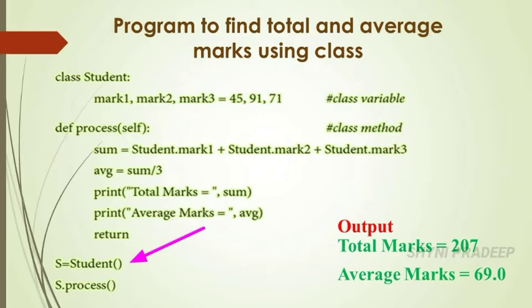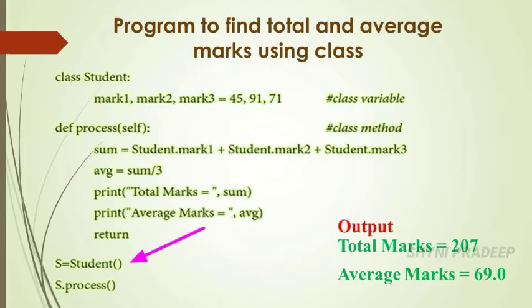Here S is what? Object. How do you declare object? First you have to write the object name and next write the equal to symbol and next write the class name. Okay. After that write the parenthesis. Here S is the object name, next is equal to, next student is the class name, next parenthesis. Okay.